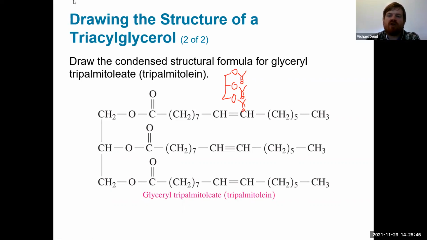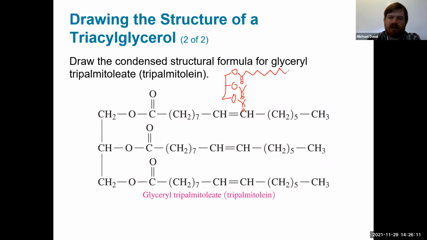So you can start to try to draw it here. I'm drawing it in the line angle formula. You can also use the condensed structural formula here. But here we have carbon 1, 2, 3, 4, 5, 6, 7, 8. Okay, so now we're up to here, right? This is carbon 8. So then carbon 9.